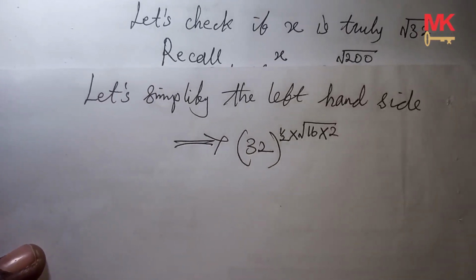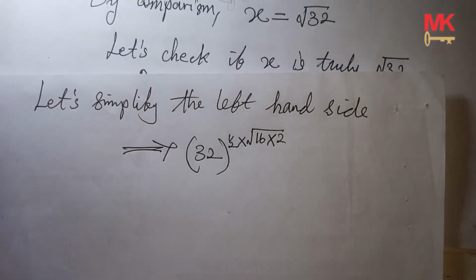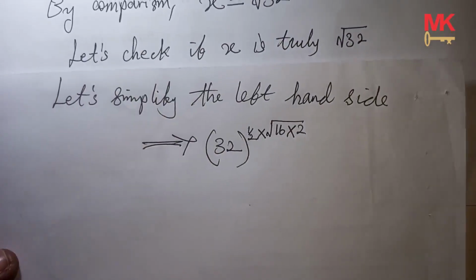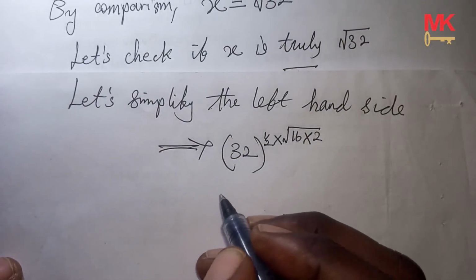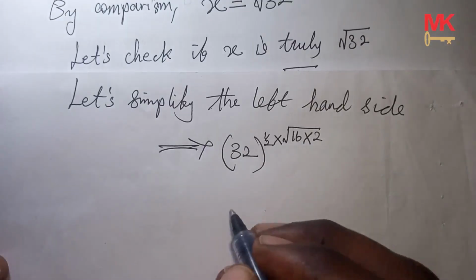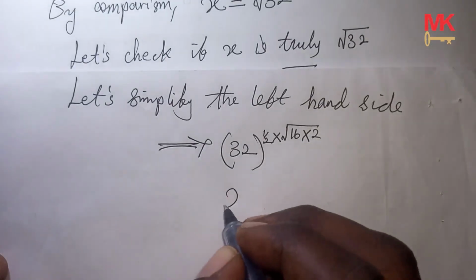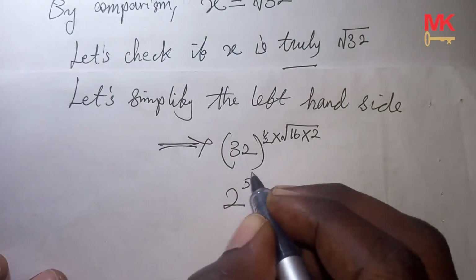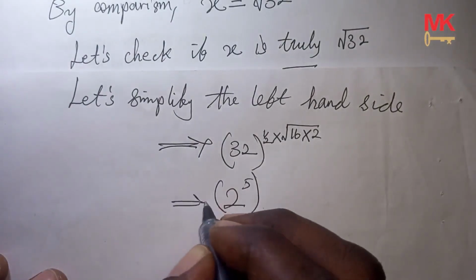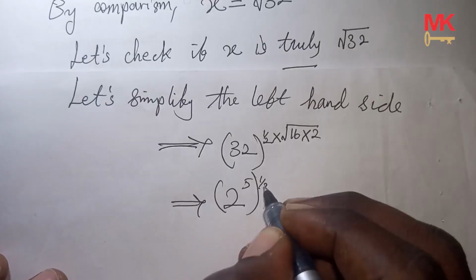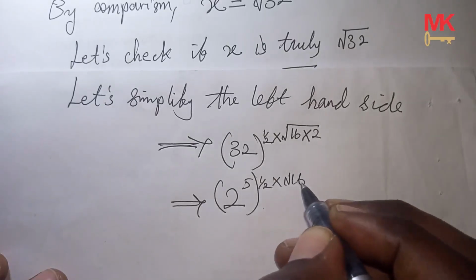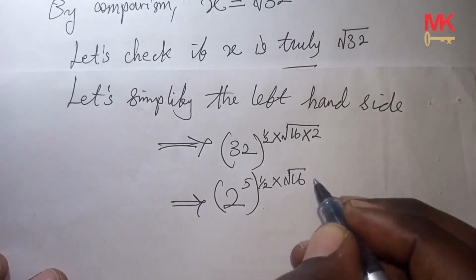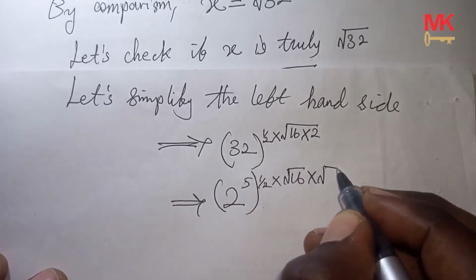Okay, so let's be on the check. Now 32 is written as 2 raised to power 5. So it implies 2 raised to power 5 times 1 over 2 times root 16 times root 2.